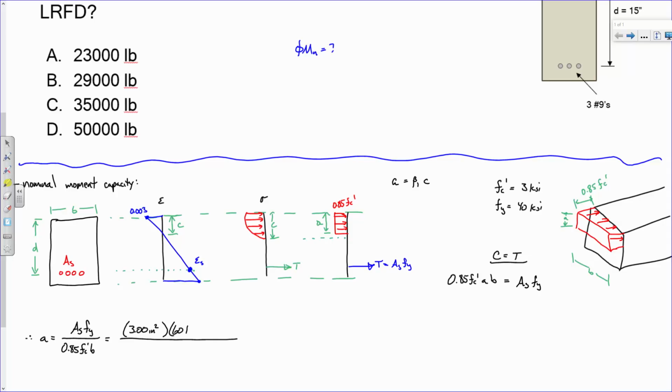This is 40 ksi, 0.85, 3 ksi. Oh, you're right, you're right. And then b was what, 12 inches?